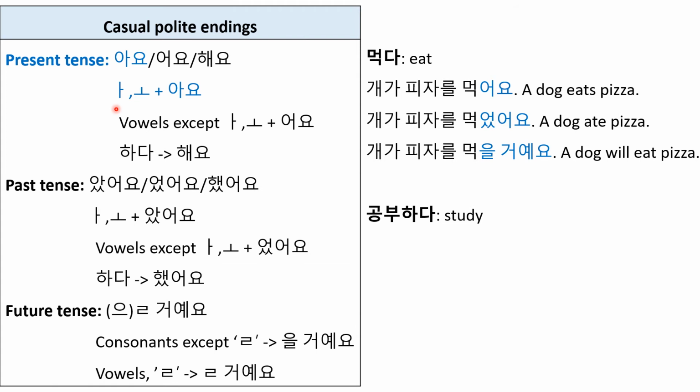If the last vowel of the stem is 아 or 오, the verb ending is changed into 아요. If the last vowel of the stem is not 아 or 오, the ending should be changed into 어요. If a verb ends with 하다, the verb ending is changed into 해요.